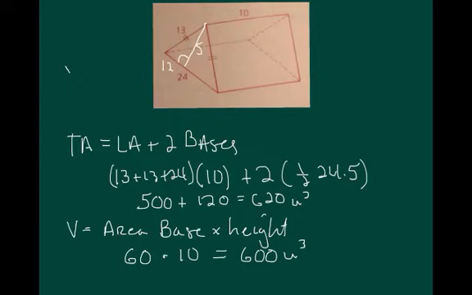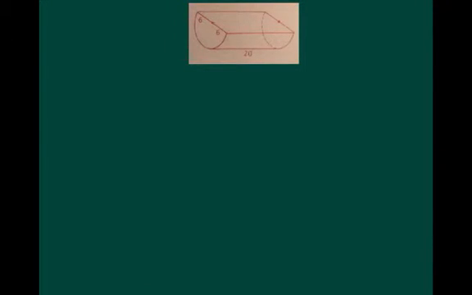Okay, Ramblers, let's take a look at number 10b, because that also causes some problems. Okay, number 10b is kind of a half cylinder, and so they ask us to find the total area and the volume. And of course, total area is going to be easier to find first because we need to use the area of the base. That's part of the total area when we find the volume. So let's start there.